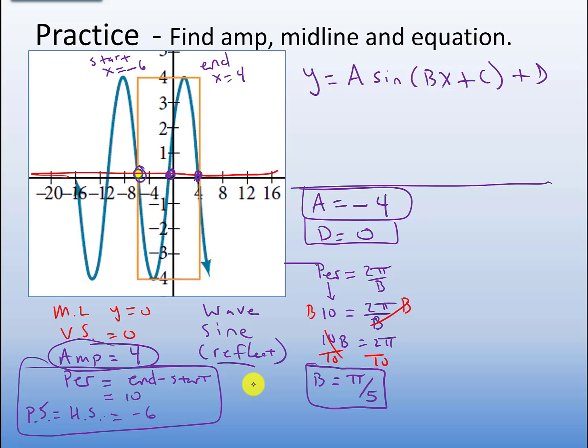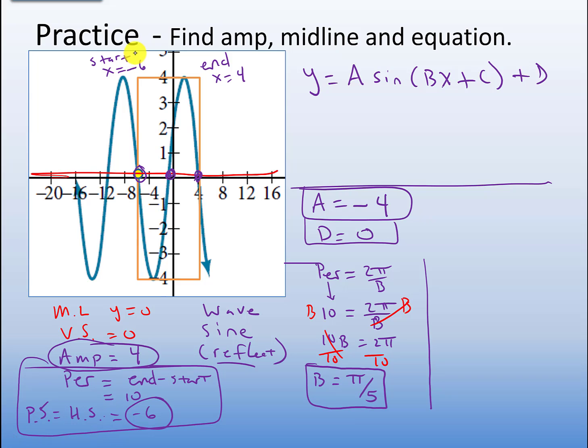Okay, so I've got 3 of them. I've got the A and the D and the B. I need the C number. Now this time I do have a horizontal shift. C will come into play, and it's not -6. Okay, I'm going to write that in red here.